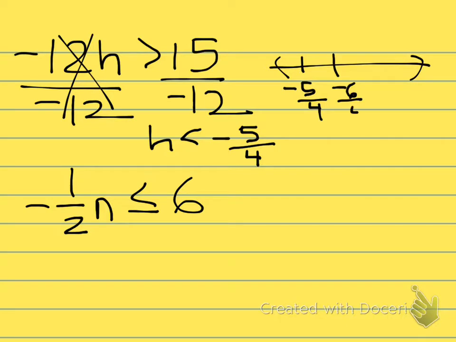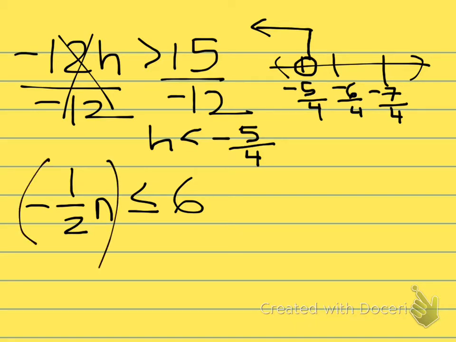And again, I can just make my scale by fourths. So I'm going to put an open circle at -5/4 since there's no line underneath the symbol. And it's to the left because it reads less than now since I flipped the symbol.